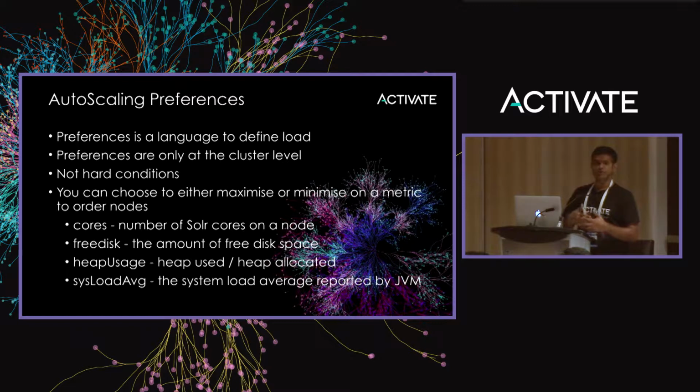You can say based on the heap usage of my cluster or of my Solr JVM, or you can say based on the load average of that machine. So you can pick, for example, these 4 metrics and say, hey, if it's cores, it should be the least number of cores or the maximum number of free disk. So you're basically specifying these criteria that are more important to you.